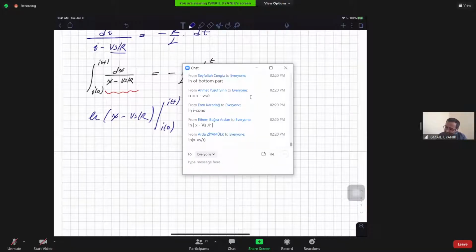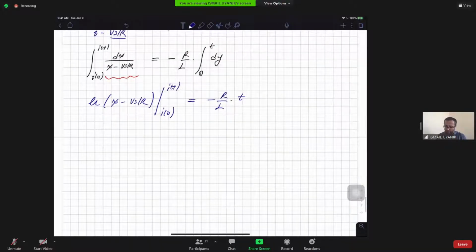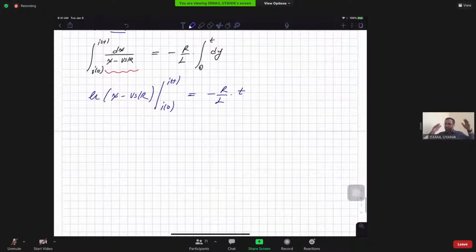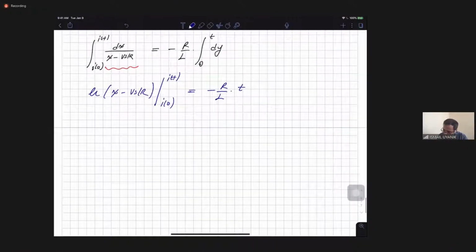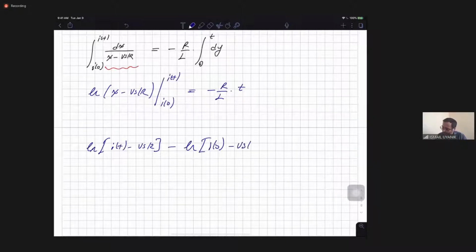Again, I will use the tricks we did before. Let's do it one by one, I don't want to confuse anyone. That will be ln of I(t) minus Vs over R, minus ln of I0 minus Vs over R, which is equal to this.